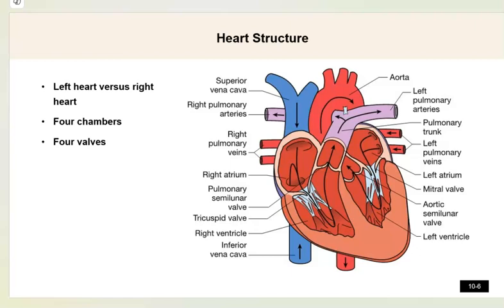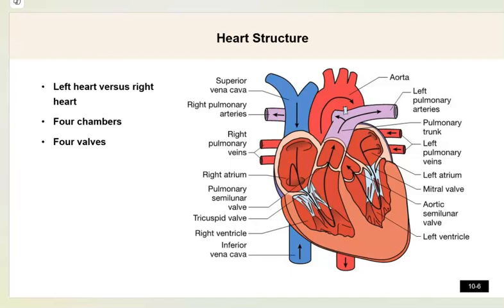Once the blood leaves the lung, it flows into the left atrium, through the mitral valve into the left ventricle, and then out the aortic valve through the aorta on its way to perfuse the body tissues.